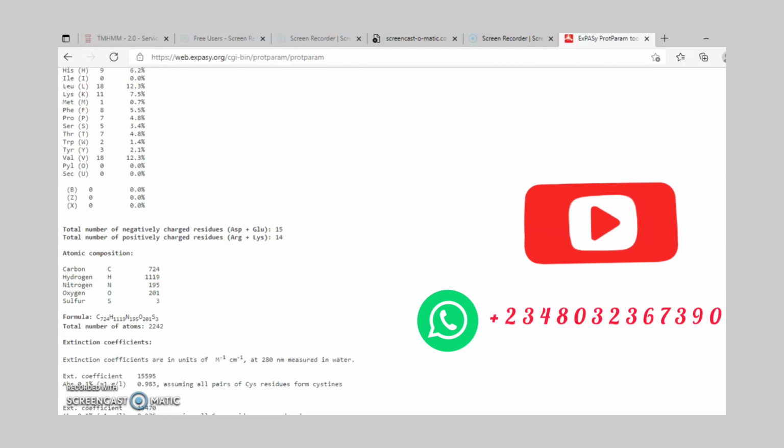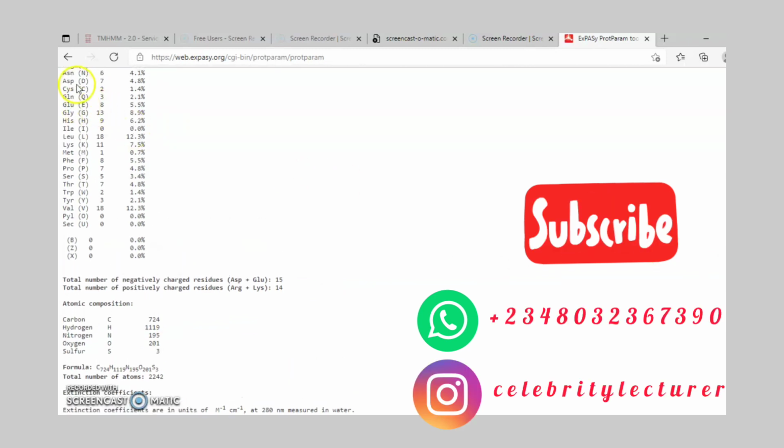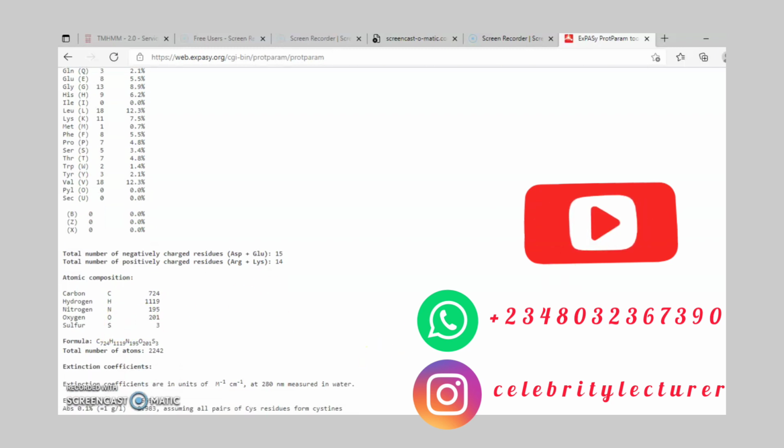If you look at the composition again, we have 2 cysteine, only 2. Do we have methionine? This is methionine, 1. So 1 plus 2 gives us 3. That makes the total number of sulfur in this protein 3.